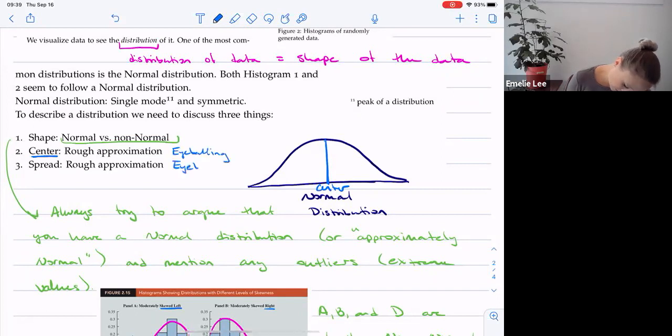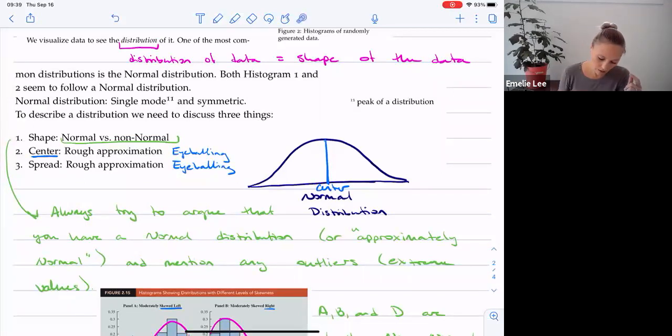And for the spread as well, right? Rough approximations. So the spread, maybe I should use a different color. There's an idea. The spread, we're also eyeballing.